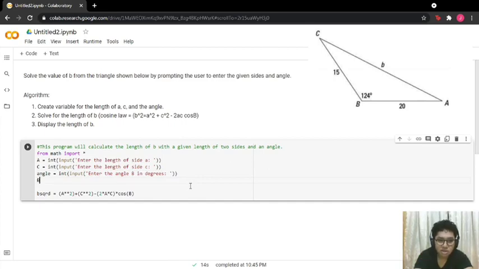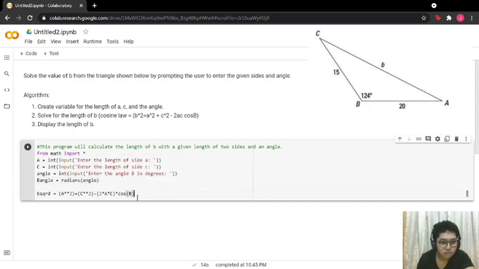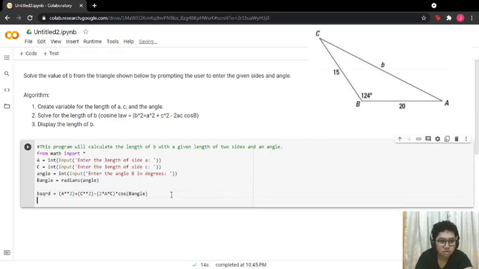This B angle, radian angle. Then the cosine of B angle, then get the length of B, that is the square root of B squared.